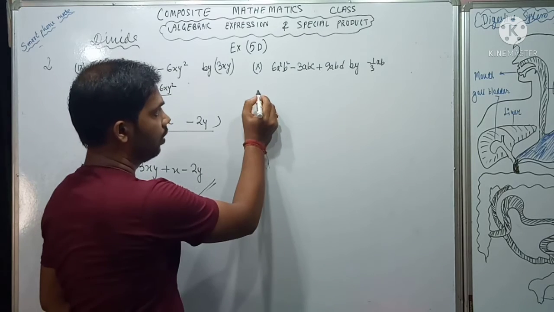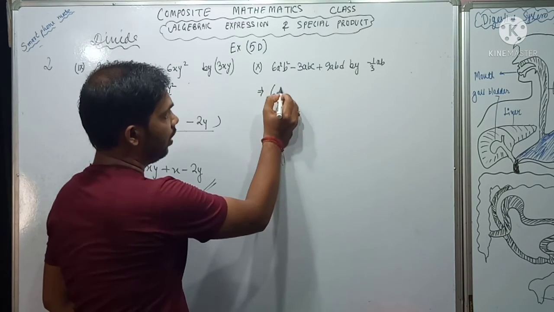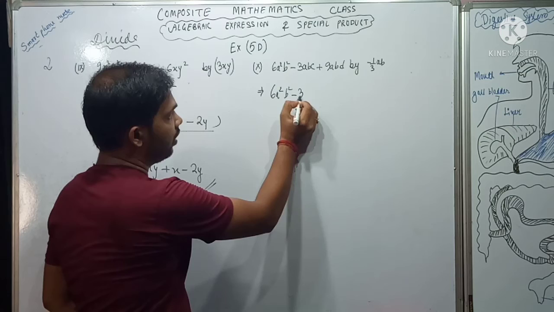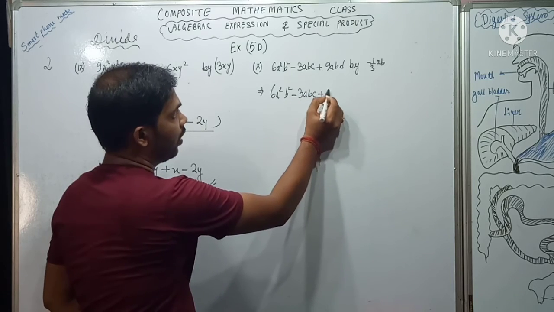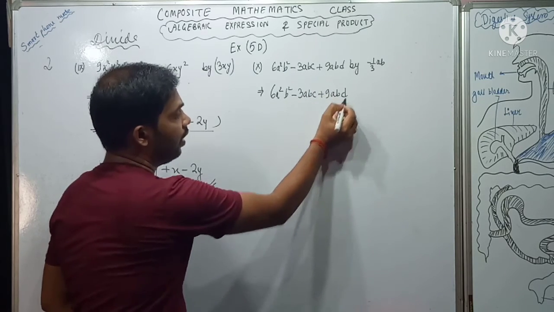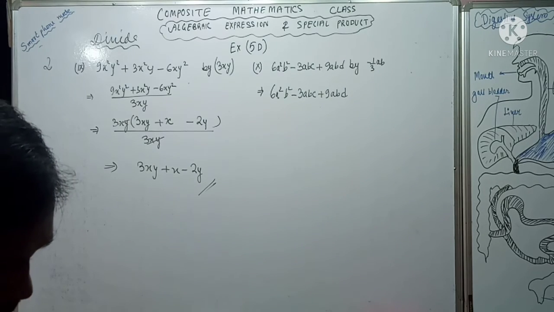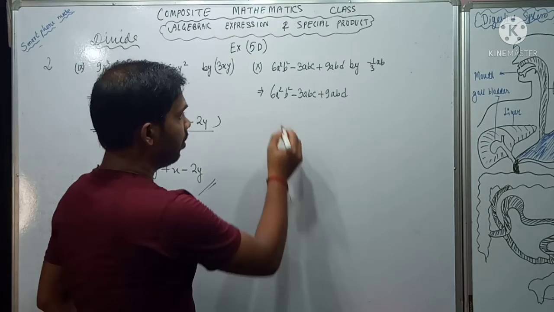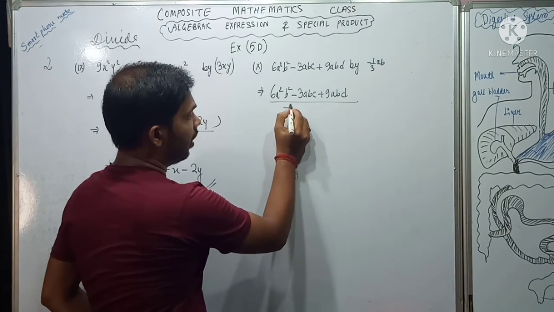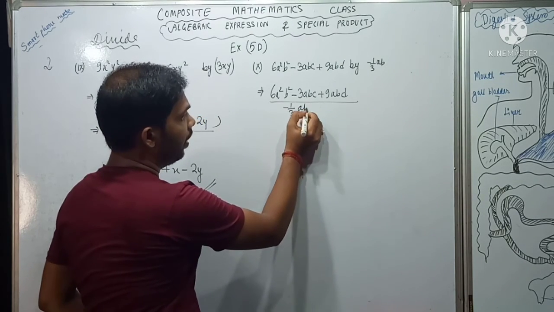You see it is 6a square b square minus 3abc plus 9abd. It is d only given. Now it is divided by minus 1 by 3ab.